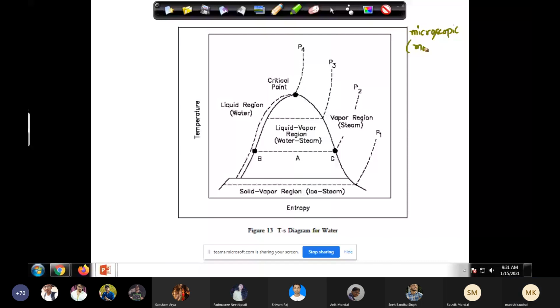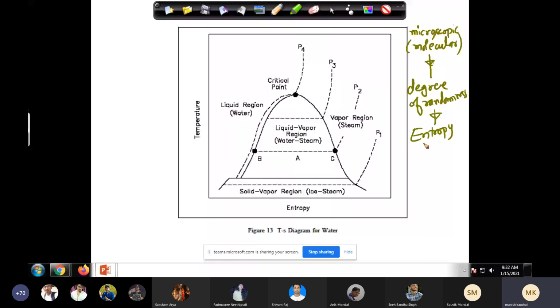From there, what you know as degree of randomness, you know as entropy. Although it's a very vague definition, that's fine.